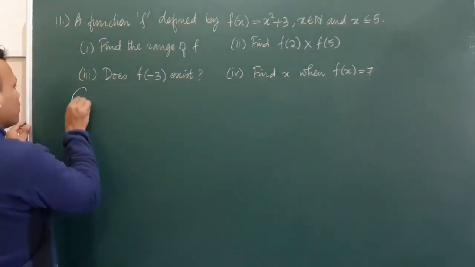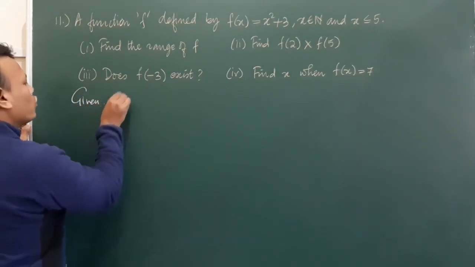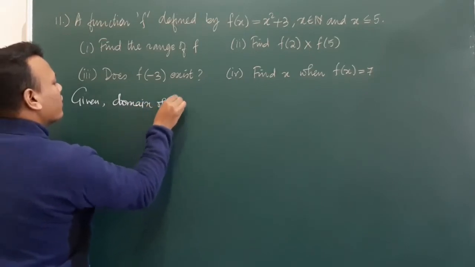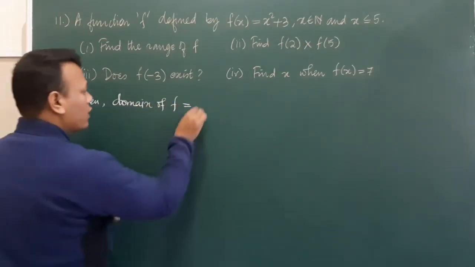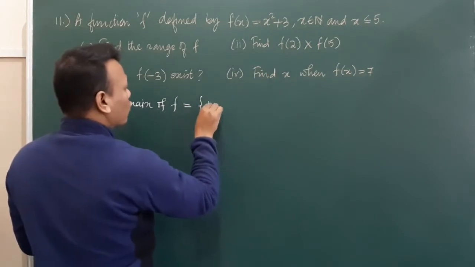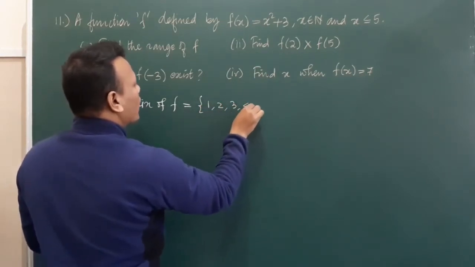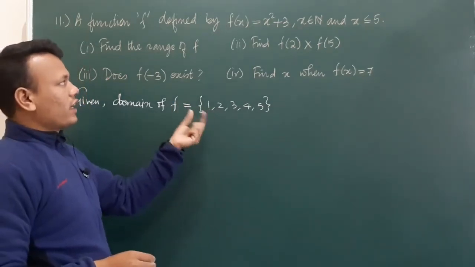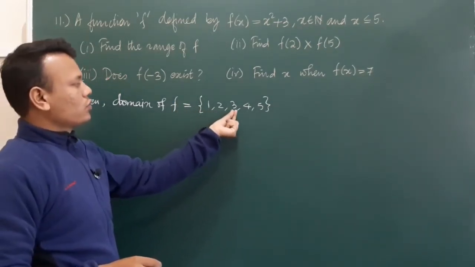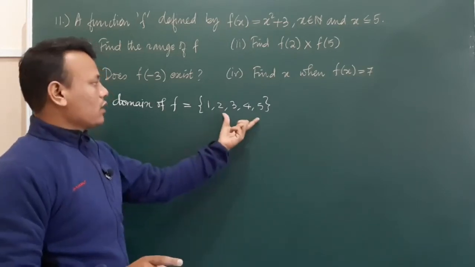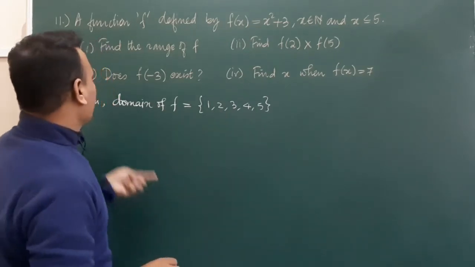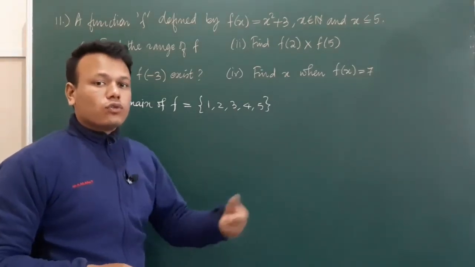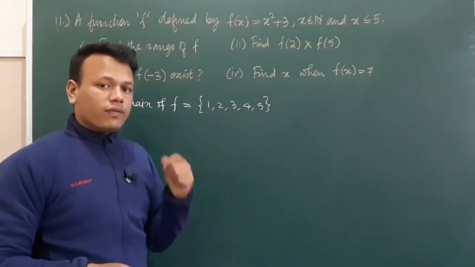Given is the domain of f, that means the values of x are 1, 2, 3, 4 and 5. We can take the values of x only as 1, 2, 3, 4 and 5, not the other ones. You need to find the range. Range gives me the values of y, or f(x).